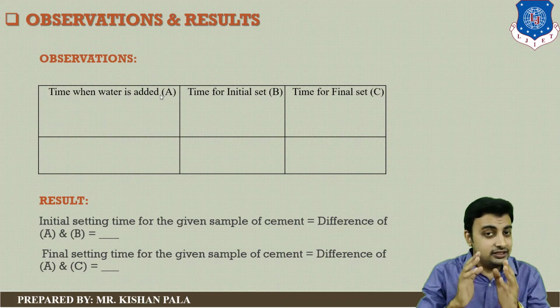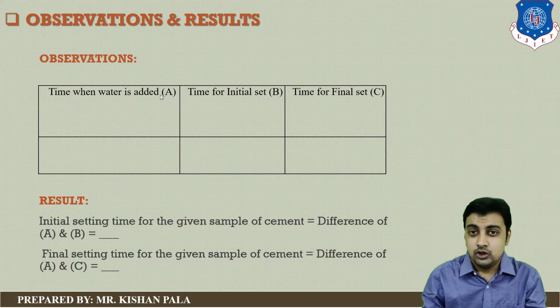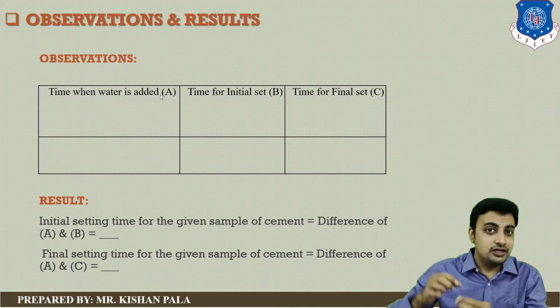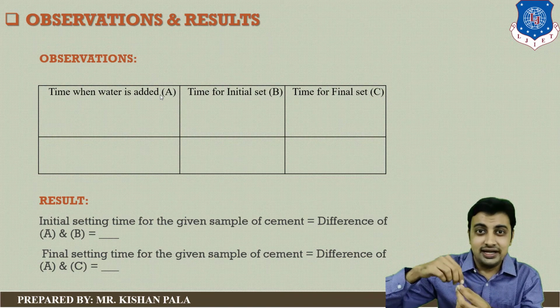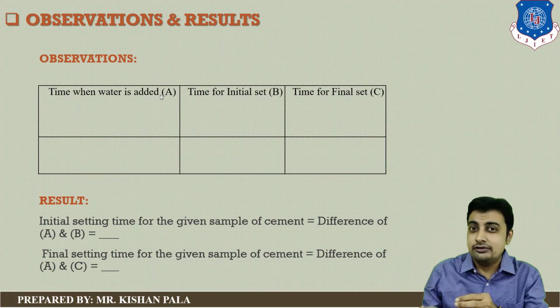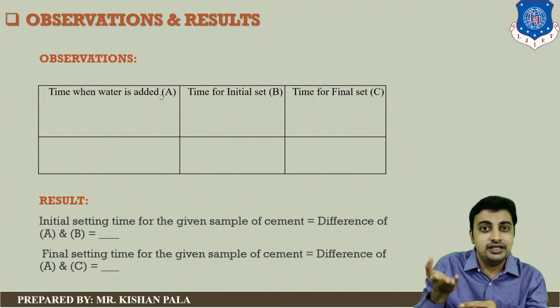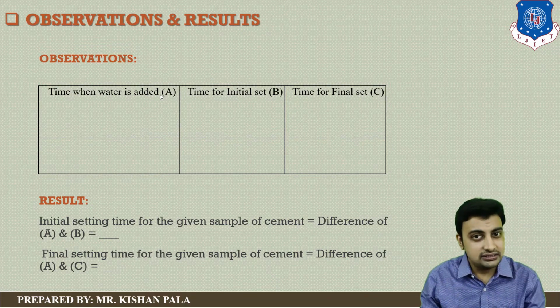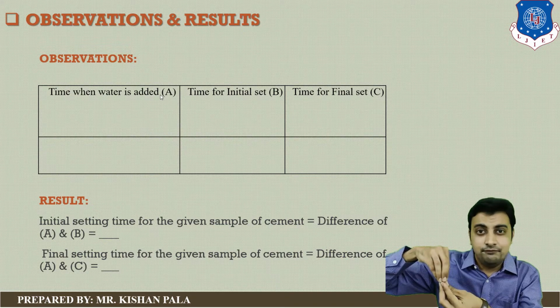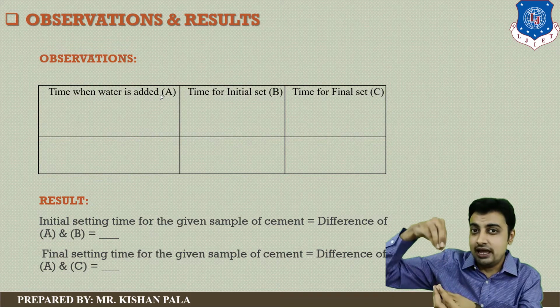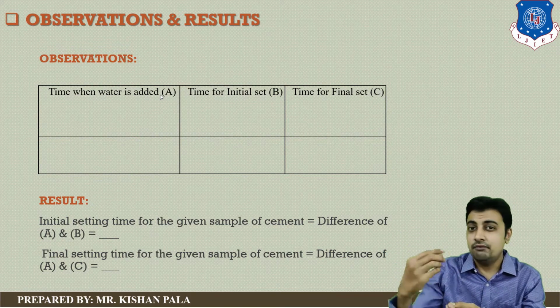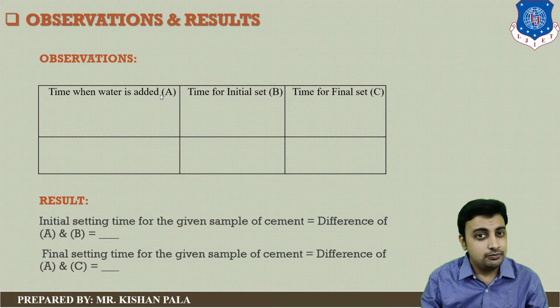In the initial setting time you stop your stopwatch when your 1 mm square needle reaches 5 to 7 mm from the bottom of the mold, and in the final setting time the stopping time is when you fail to make an impression on the mold with the 5 mm diameter bottom.